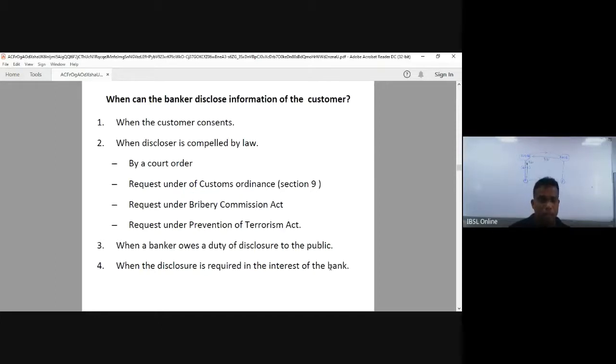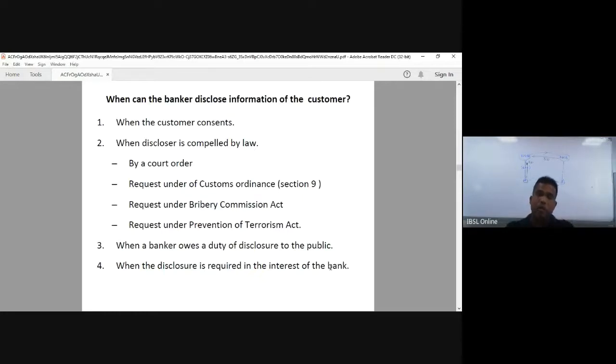But bank officers think that they have an obligation or duty to inform the public about the customer's account or customer's details. What is that? Under what situation can the bank divulge that information to the public? Not to a particular person, but to the public in general.